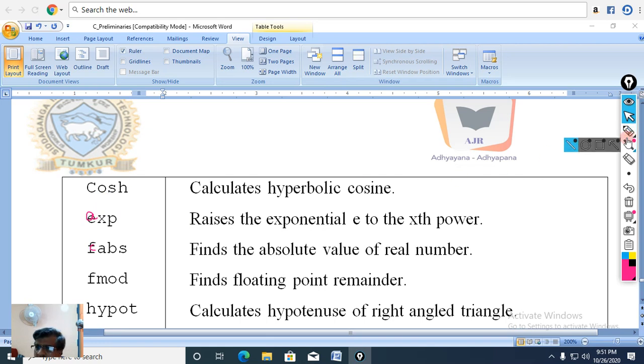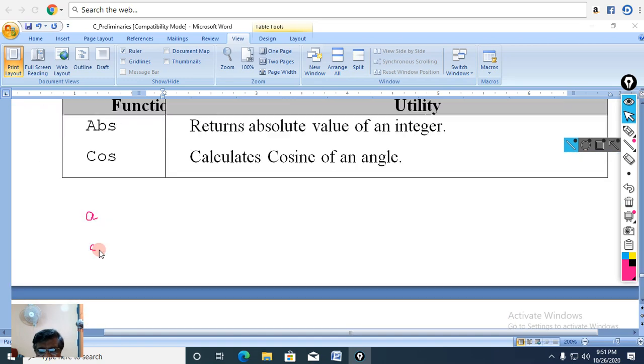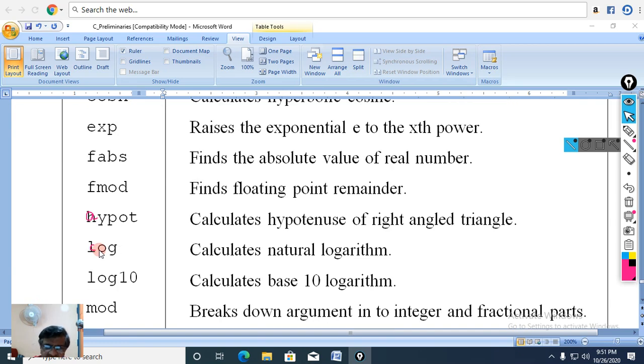cosh, hyperbolic cosine function. Okay, exp raises the exponential e to the power. Okay, fabs, that is the absolute value of a float variable. It returns the absolute value of a float variable. abs returns only the absolute value of an integer variable.